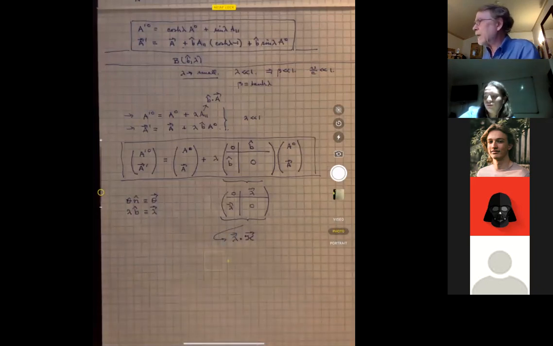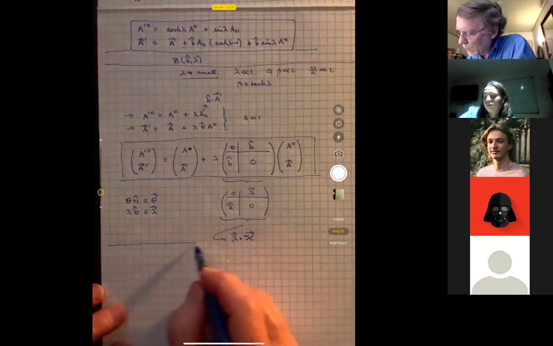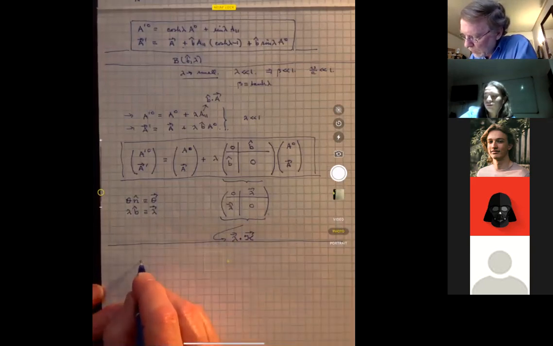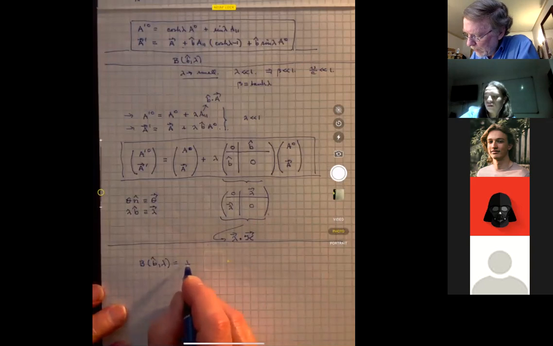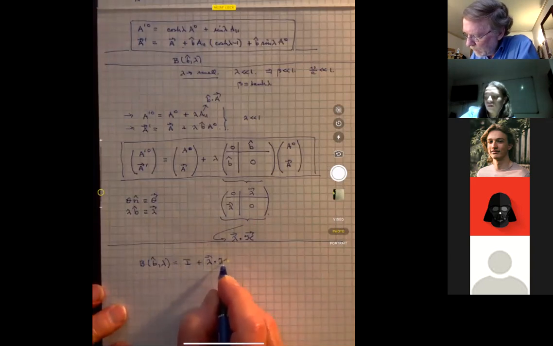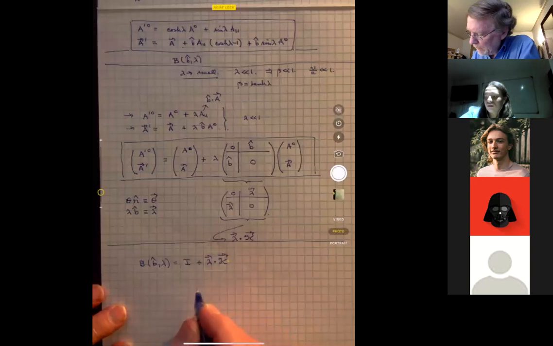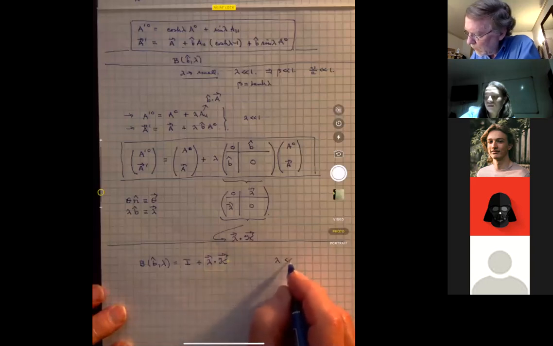And so what that means is that the infinitesimal boost looks like this: B of b hat comma lambda is equal to the identity plus lambda vector dotted into K vector like that, when lambda is much less than 1.